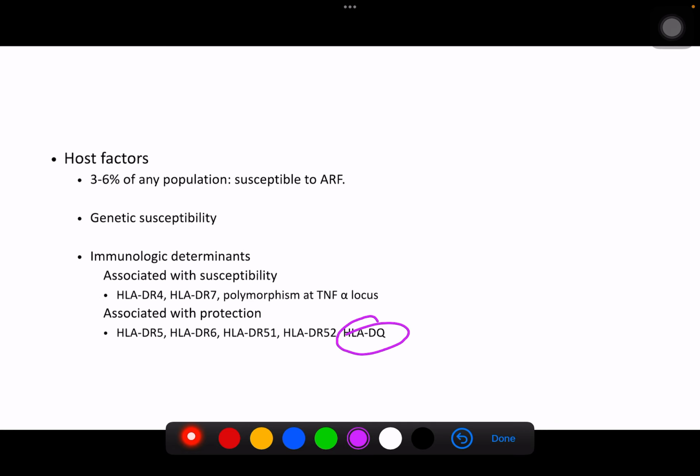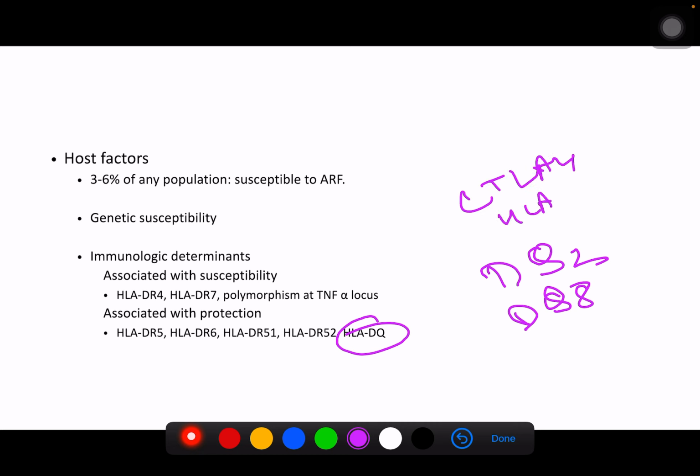But in the case of rheumatic disease, the CTLA4 gene is also there, and there are also HLA-DR2 and HLA-DR3. HLA-DR2, DR3 is associated with rheumatoid arthritis also, right?